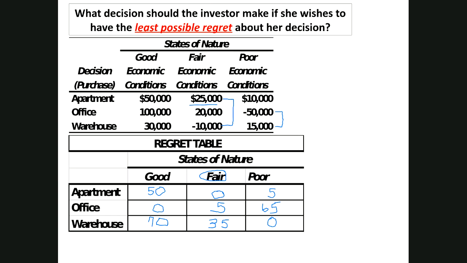Now, there's something I want you to notice about this that's true for every one of these regret tables. For every state of nature, there will be at least one value where there is no regret, where the value is zero. There could be multiple zeros, but at least one.